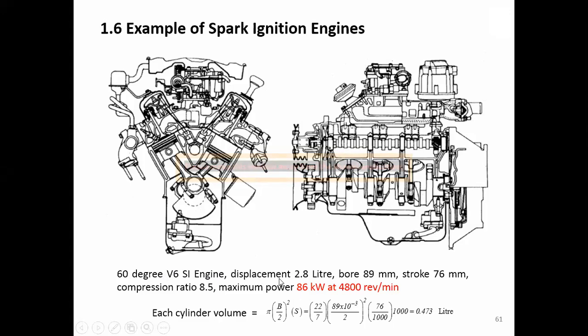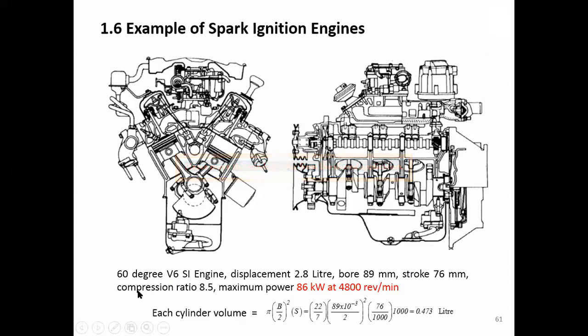Okay. The second piece of information is the capacity of the engine. The displacement is 2.8 liter, and the size of the cylinder is a diameter of 89 millimeter and a stroke of 76 millimeter. Another performance parameter is the compression ratio.